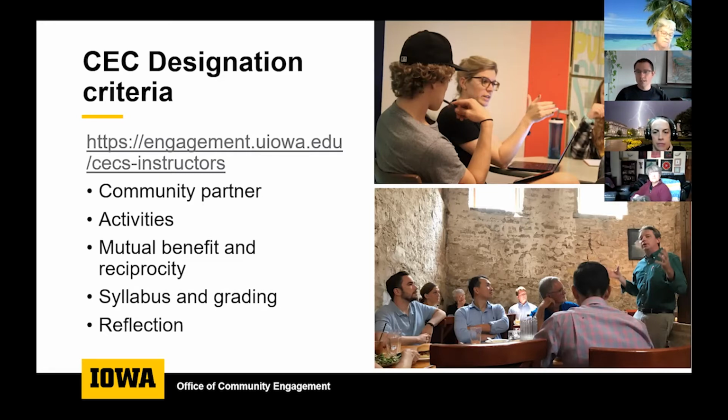The third bullet point here is really the hallmark of community engagement. And this is probably where we really see the crux of our applications that come in for CECs. And that is the idea of demonstrating that these course partnerships with the external partner are based in mutual benefit and reciprocity.